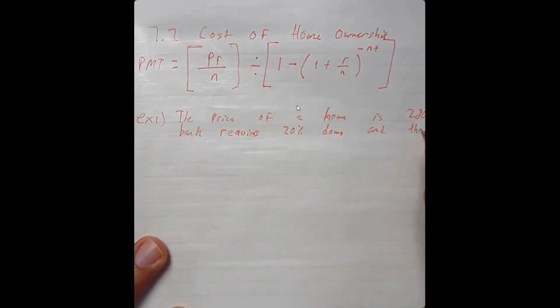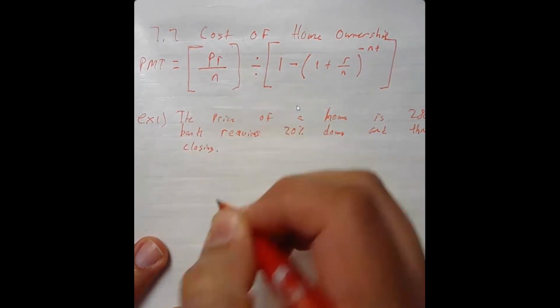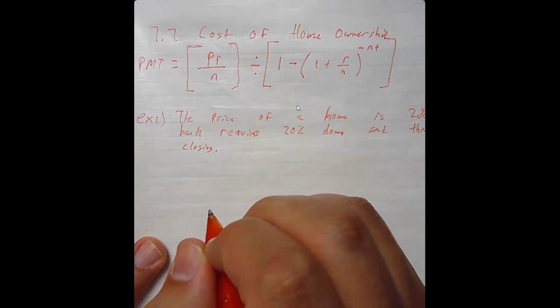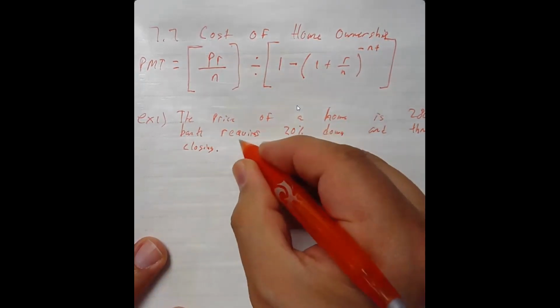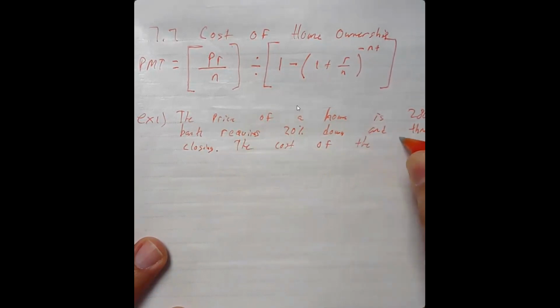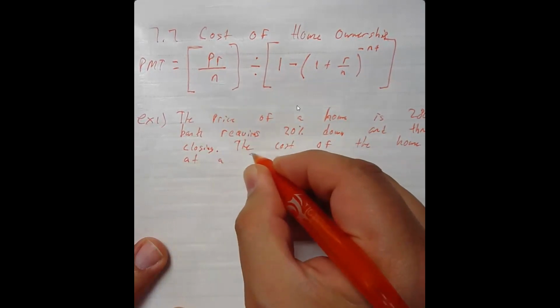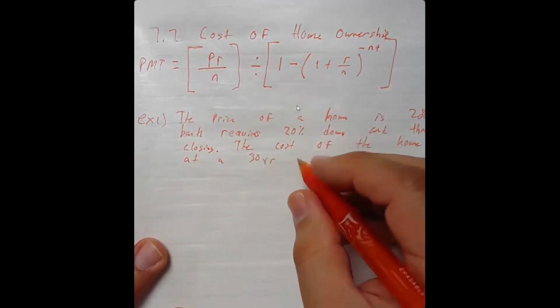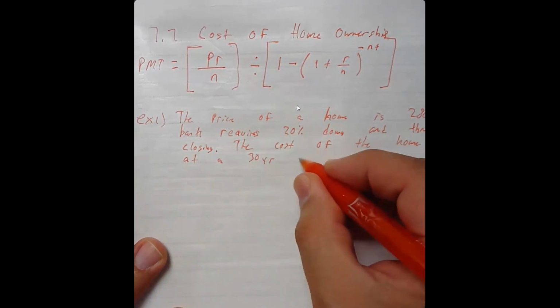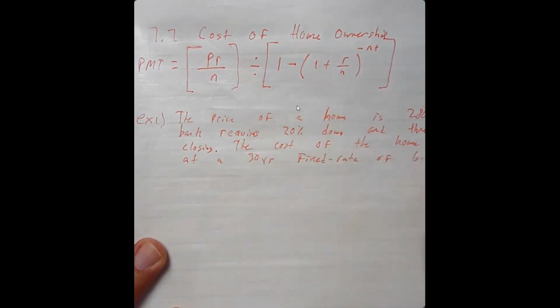And 3 points at closing. The cost of the home is financed at a 30-year fixed rate of 6.5%. So let me switch back now.